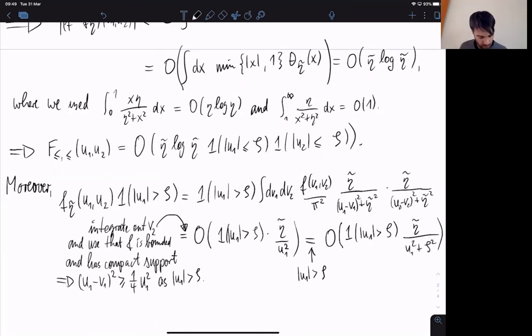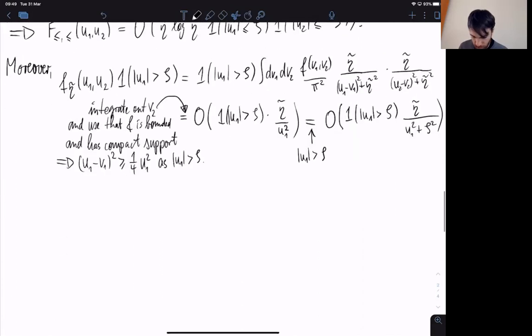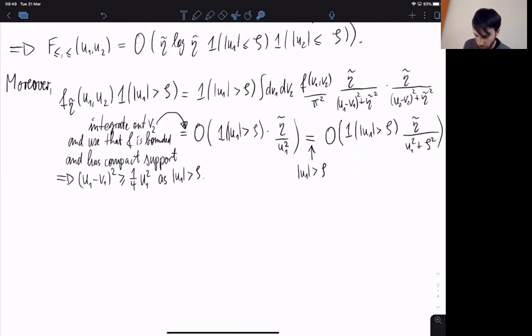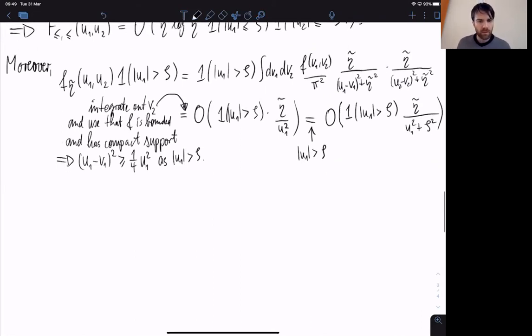This looks like I'm overcomplicating this by writing the error term in this way, but it will make my life a bit easier in the next step. So maybe just to conclude, what we learn about the f.